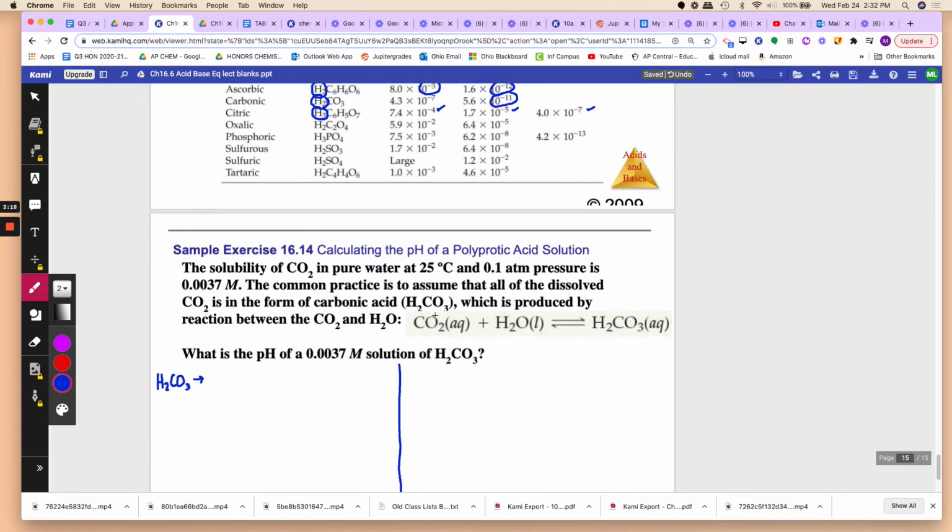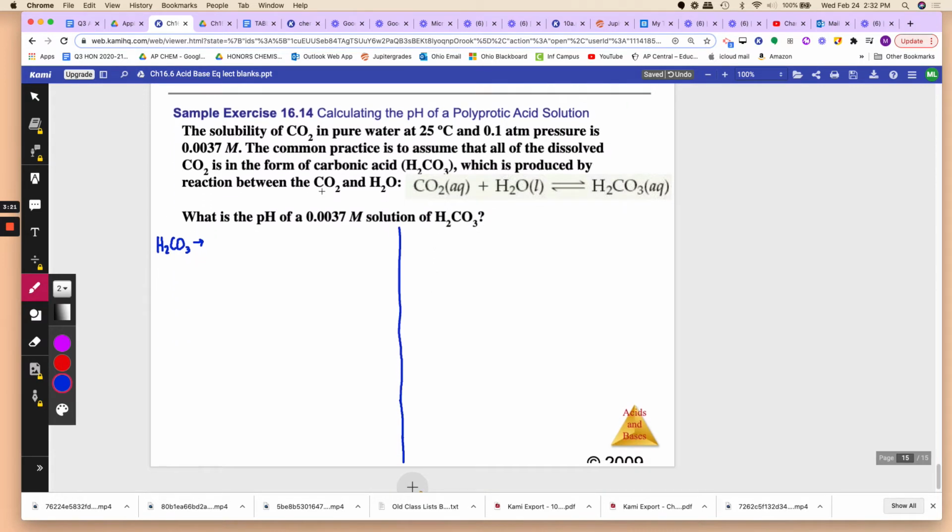Okay, so let's do a sample problem. The solubility of CO2 in pure water at 25 degrees and 0.1 atm pressure is this. So when you blow some CO2 in water, you're going to get this much dissolved. This CO2, when you put it in water, combines with water and makes carbonic acid.